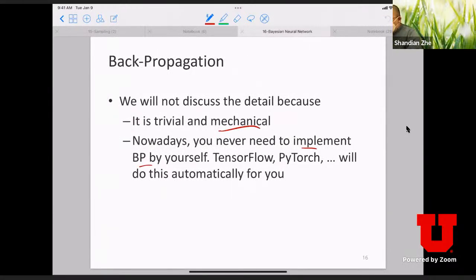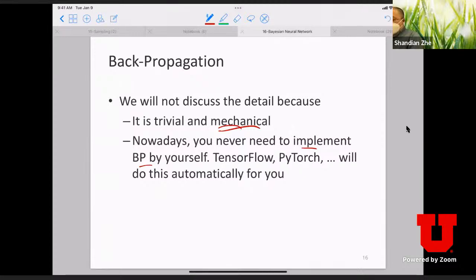And we will not discuss the details, because the backpropagation procedure is quite simple and quite mechanical. If you're interested, you can take a look at my lecture video about entry-level machine learning, CS 5350 or 6350. There are a lot more details about how you do backpropagation, but in our class, because it is a more advanced level, we don't want to struggle with the specific details about backpropagation.